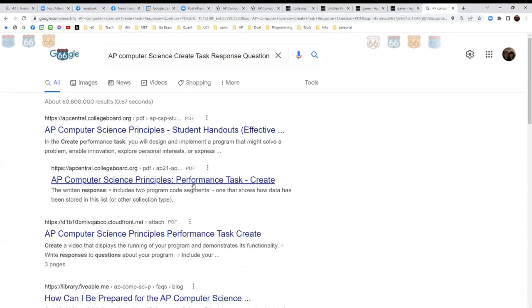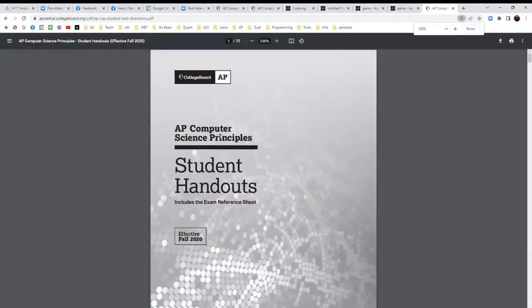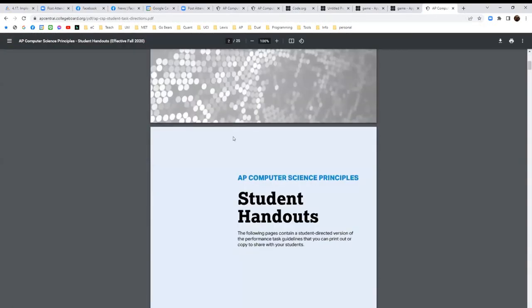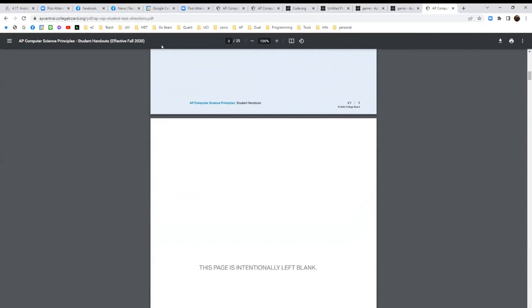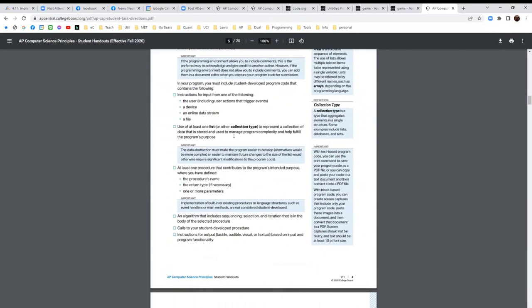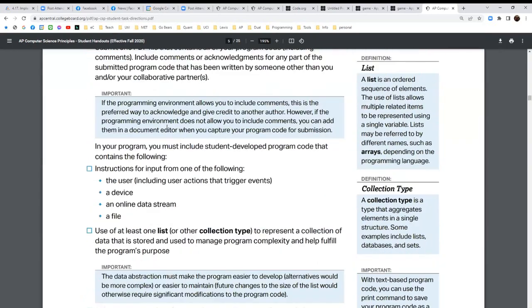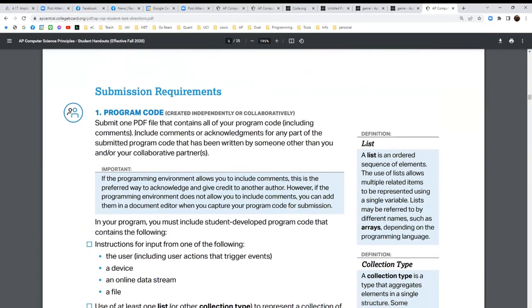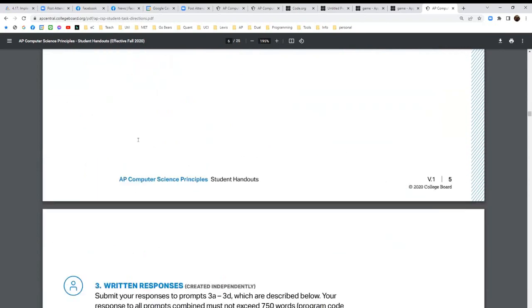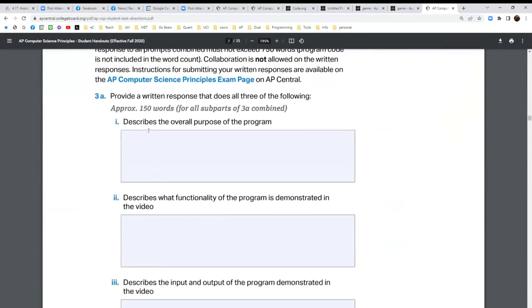So you may need that. You have to work on this student handout, and then you need to work on the so-called creative task. So there are things you need to follow. You need to follow these things, and they are response problems. Okay, these are the problems you need.